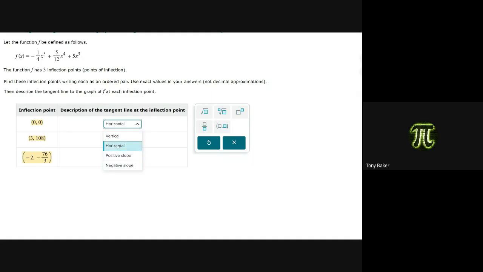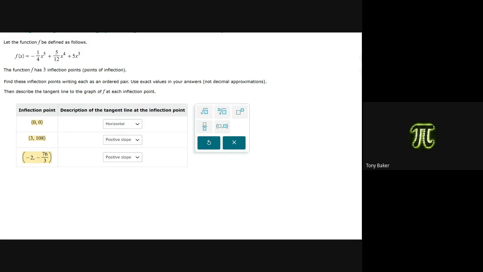You don't need to know what the exact slope is. All we need to know is basically if it's 0, infinite, positive, or negative. So if we plug 0 back into the first one, that's going to give me 0. So I know that's horizontal.